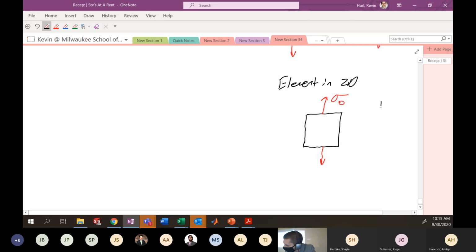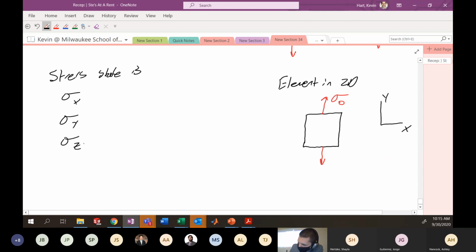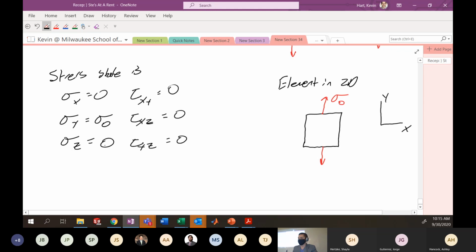If you do just your standard x, y coordinate system, the stress state is no shear stress, nothing in x. The only thing in y is the stress that gives failure, and nothing in z. This is your full three-dimensional stress state at the point where this thing is just about to fail. Okay?